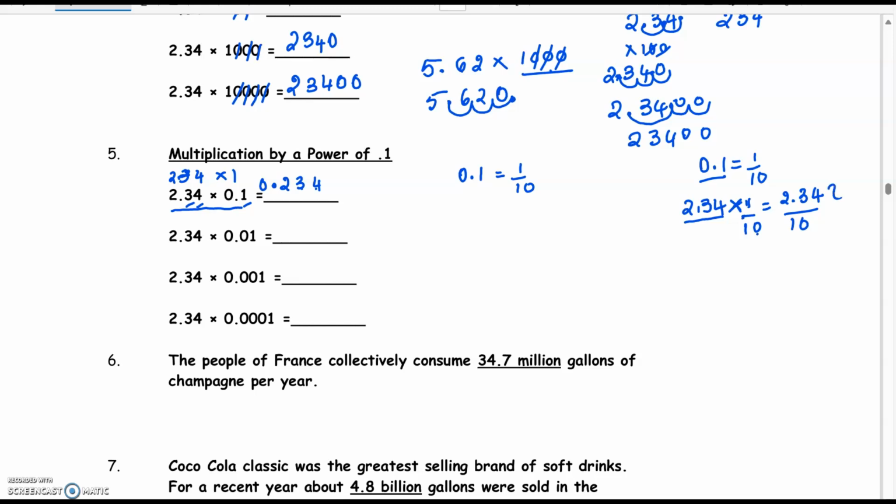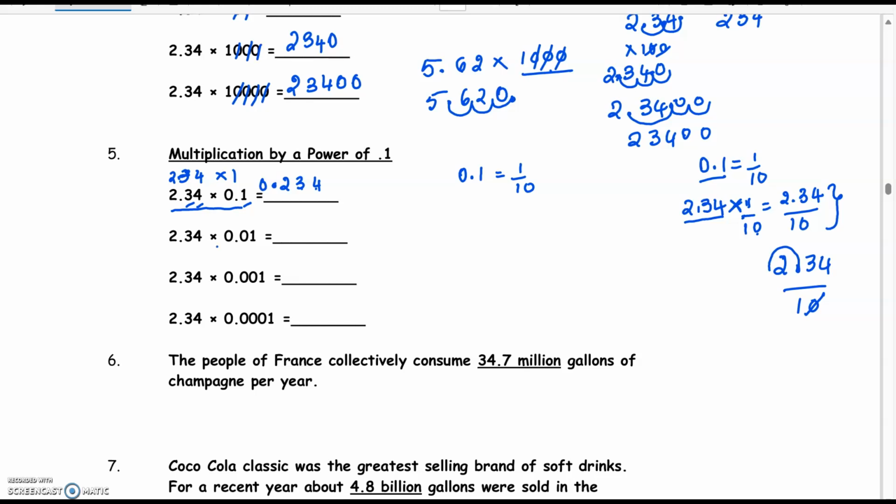That is the same as dividing by a 10. So when you divide by a 10, the number gets smaller, which means you shift the decimal point 1 place value to the left. And that's how you get 0.234.